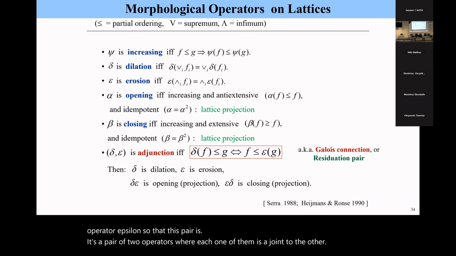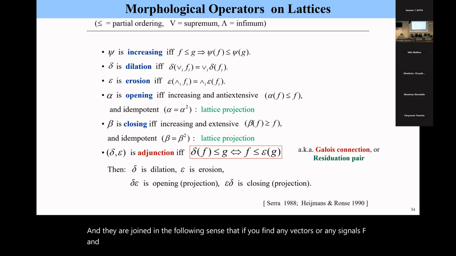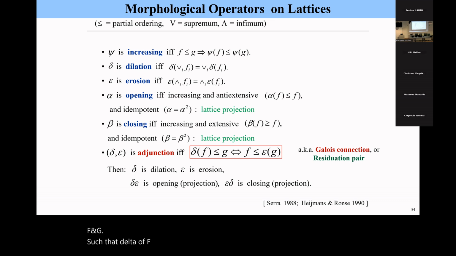And they are adjoint in the following sense, that if you find any vectors or any signals f and g such that delta of f is less than or equal to g, then this will happen if and only if f is less than or equal to epsilon of g.